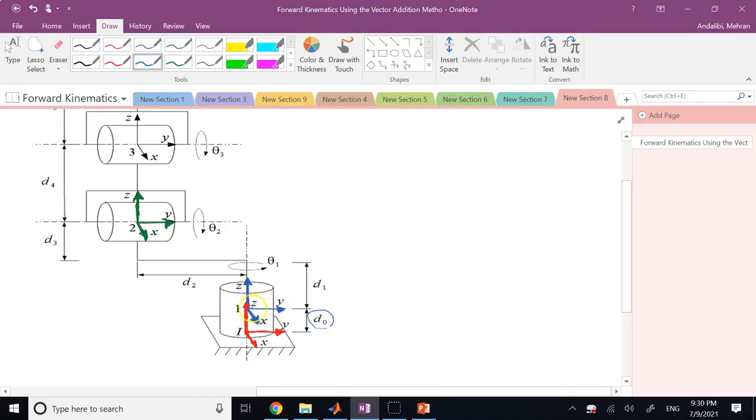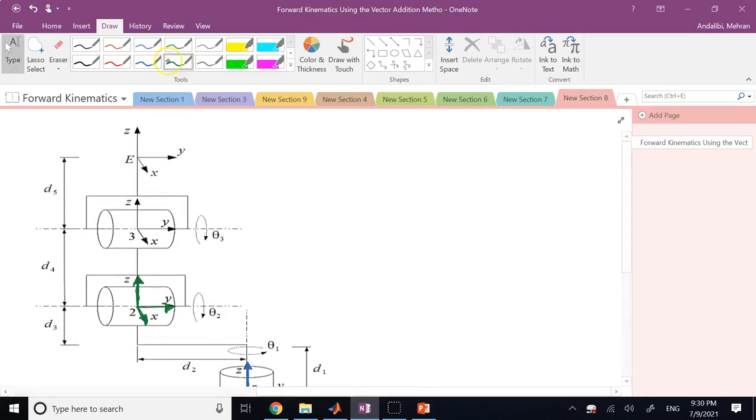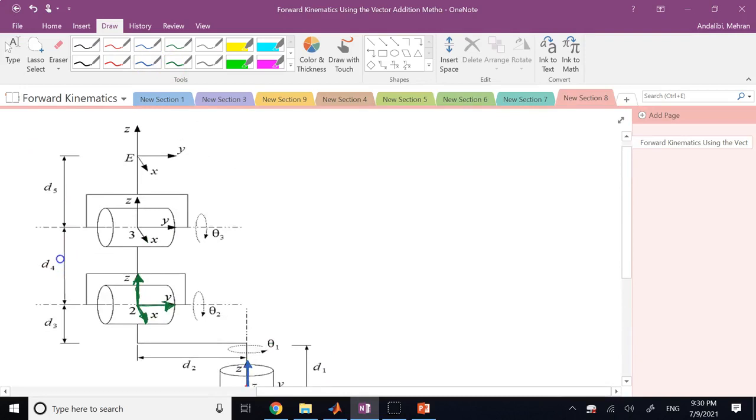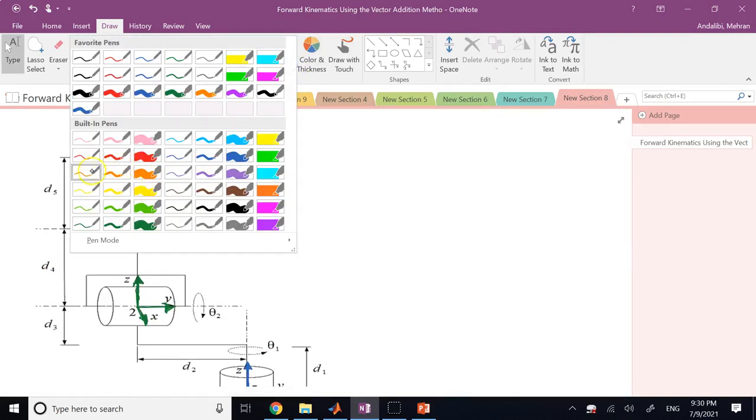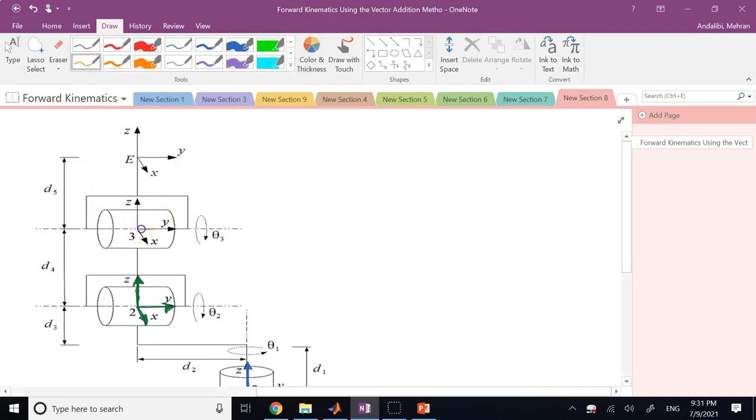It doesn't mean it's mandatory really, but it's just to be similar to the other joints. Then we have frame number 3, which is again at the center of the next joint. And finally, we have the end effector frame.